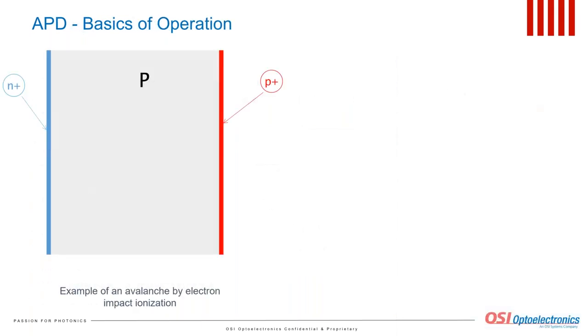Avalanche multiplication and its use to enhance the photodiode signal has been known since the late 50s. Assume that we have a slab of silicon uniformly doped with a p-type dopant, with anode and cathode doping applied on the slab's sides. Applying the reverse bias across the slab, an electric field is created.